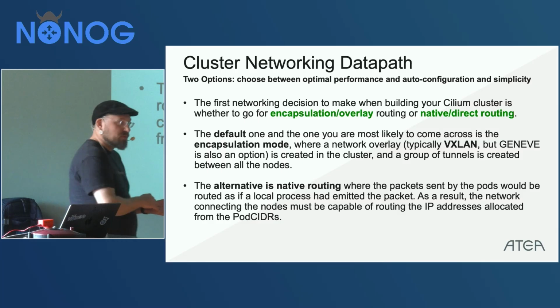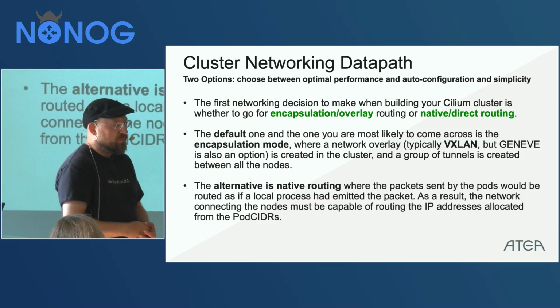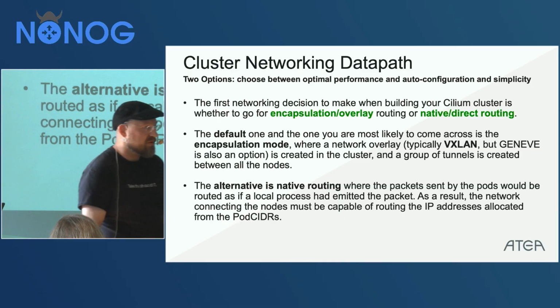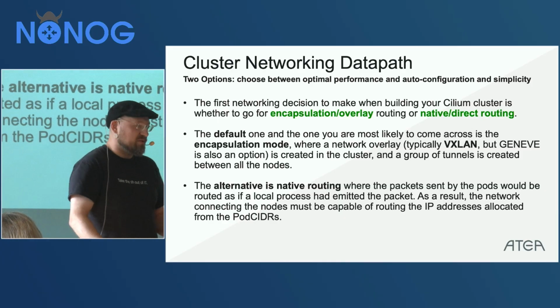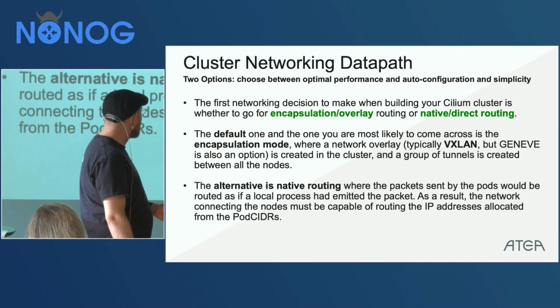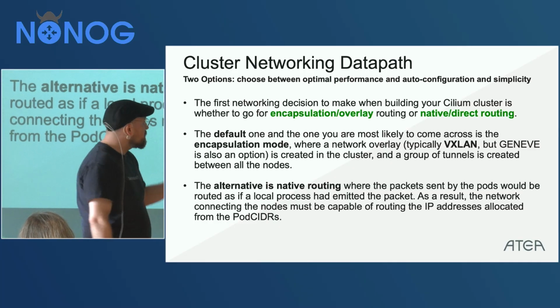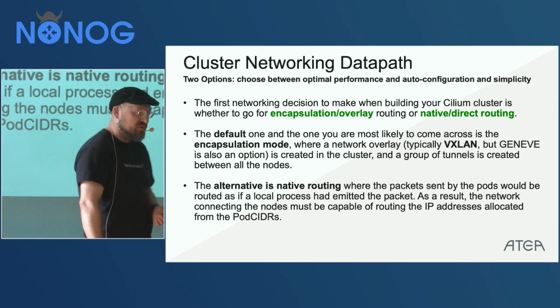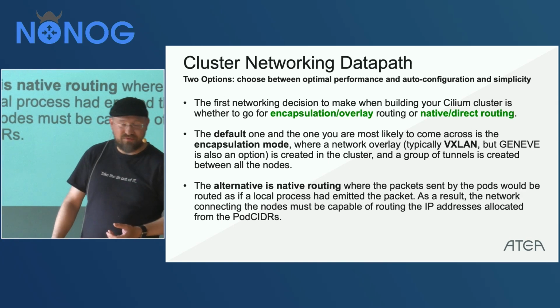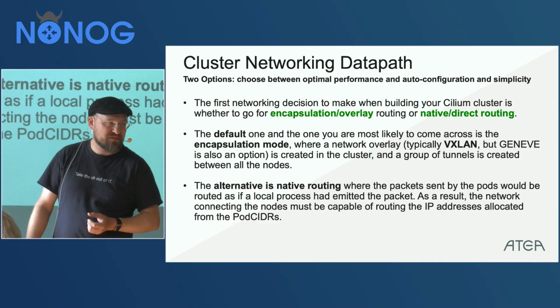And when it comes to network overlay, because maybe you want to build an overlay between the nodes, you can do that with VXLAN, for example. Or you can choose native direct routing, but in that case, you have to have complete end-to-end control of your IP addresses.